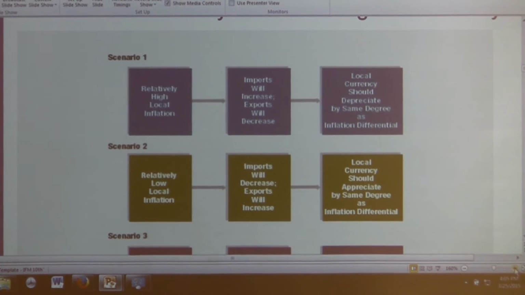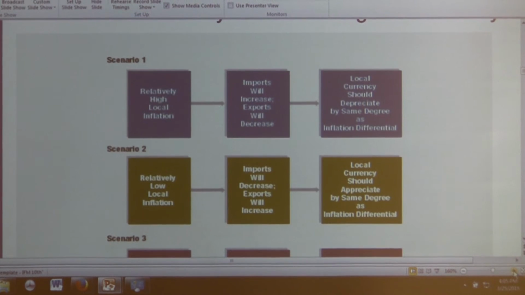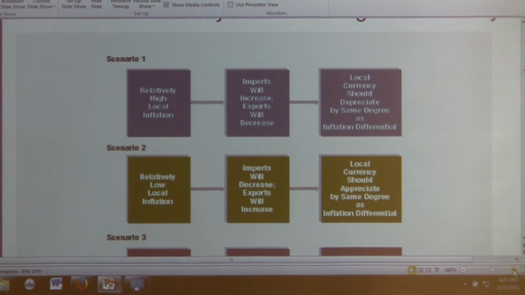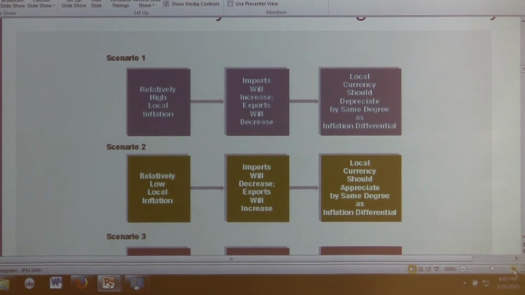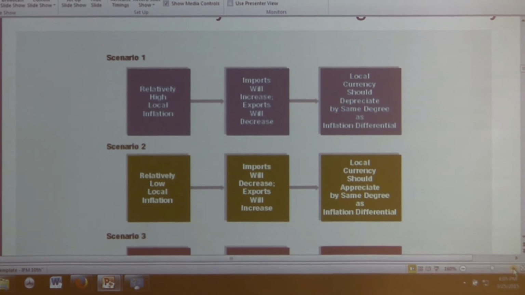You're going to buy more stuff from abroad because it's relatively cheaper. At the same time, your exports will decrease because things are more expensive in your country. People outside are not going to buy your stuff, which means that there is not much demand for your currency. At the same time, you are buying more currencies from abroad. So that talks about a non-mathematical way to see what might happen in practice and why the exchange rate of your currency should decline. Okay?